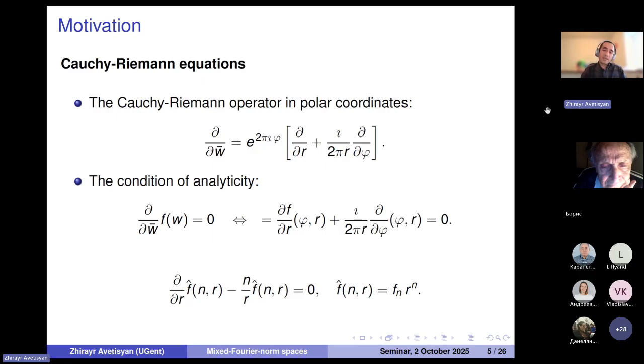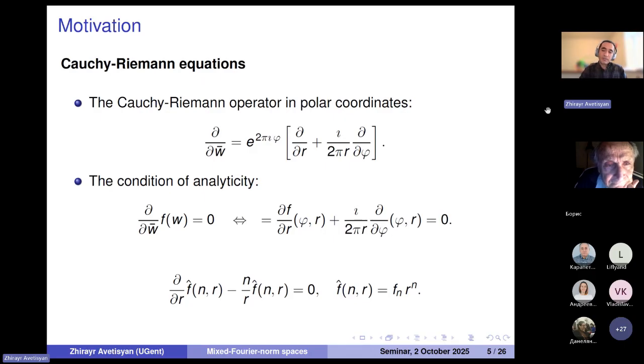I can rewrite it in these polar coordinates, and it has the following form, the first displayed formula on this page. And the condition of analyticity is that d by dw bar of f is 0 in a neighborhood, right?